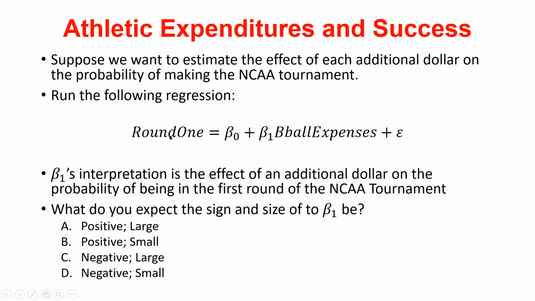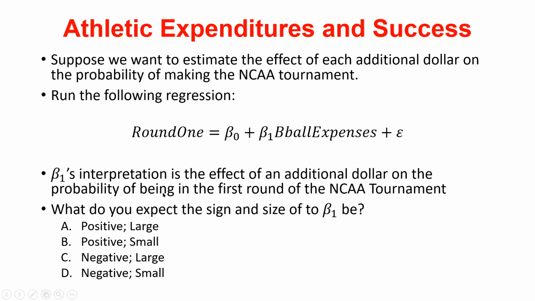It's increases or decreases in the probability of seeing that 1 occur. Right? Because I go from 0 to 1, right? Those represent probability. So 1 more dollar spent on my basketball program increases the probability of making it into that first round of the NCAA tournament by whatever that beta 1 coefficient estimate is.